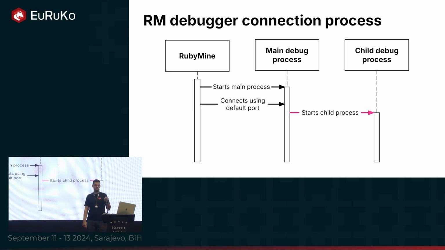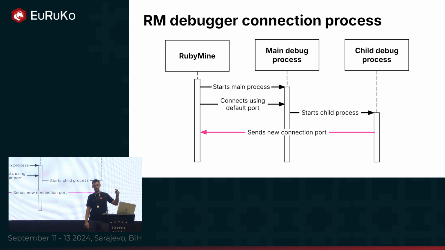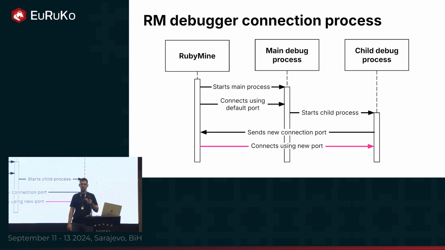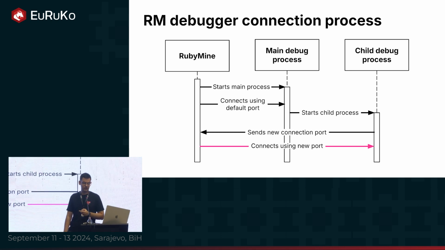Suppose after that, main process creates its child process, and at this point, RubyMine needs to connect to the child process too. To achieve that, child process sends a message with a new port all the way back to RubyMine, and after that, RubyMine uses this port to connect to the child process.